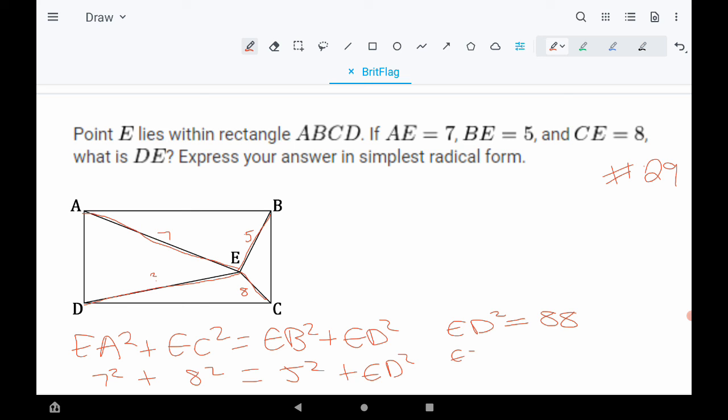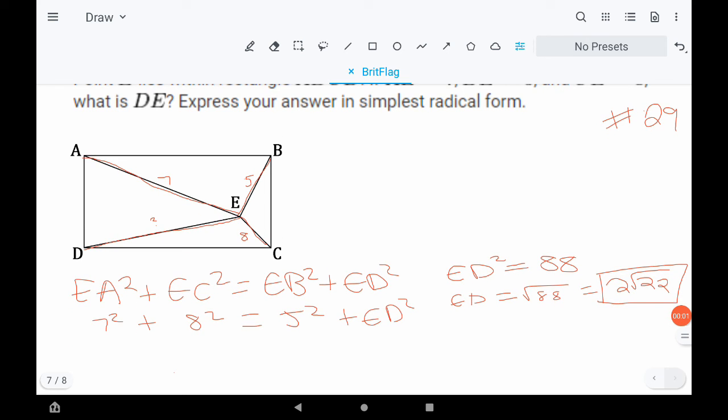ED is equal to the square root of 88, but they wanted it in simplest radical form, so we give them 2 root 22. That is our answer for the practice problem.